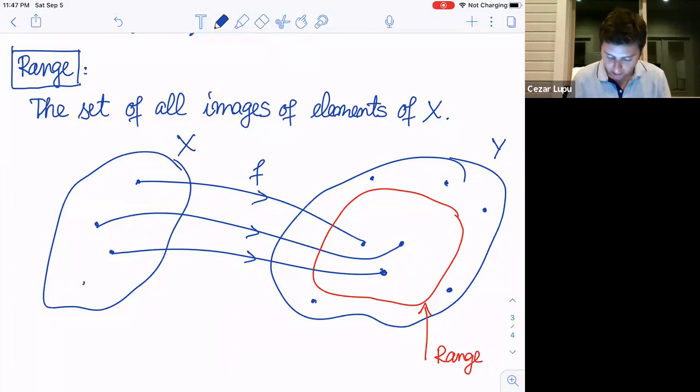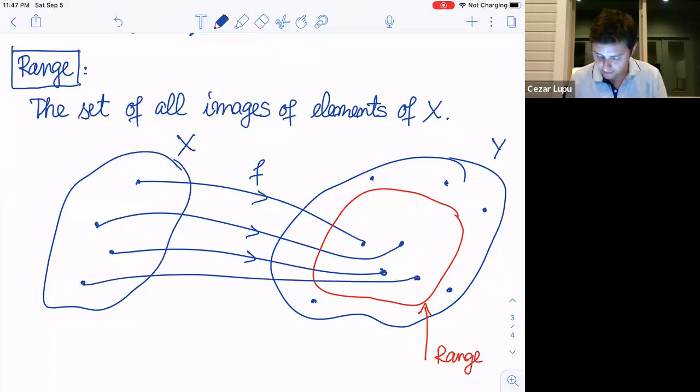But I'm only going to take elements that are sent into the range, again through the function f. So this is the domain x, this is the codomain y, and this is the range. We'll see the difference between these two as we see some more examples.